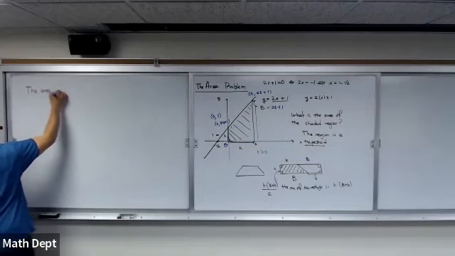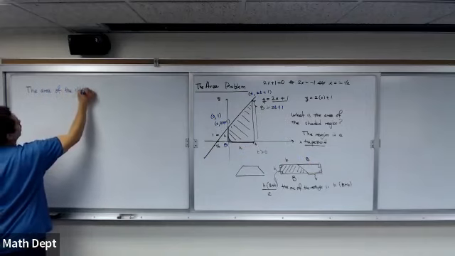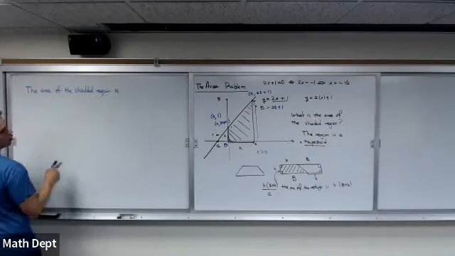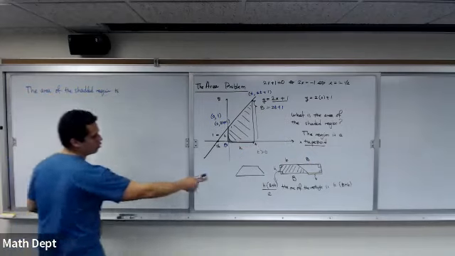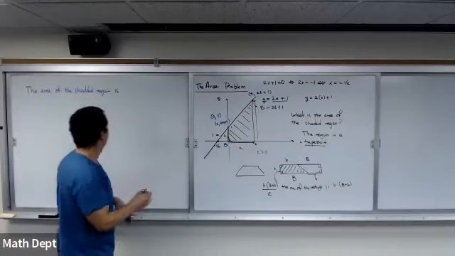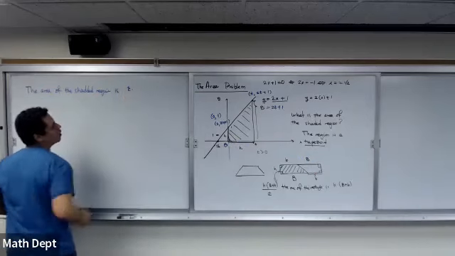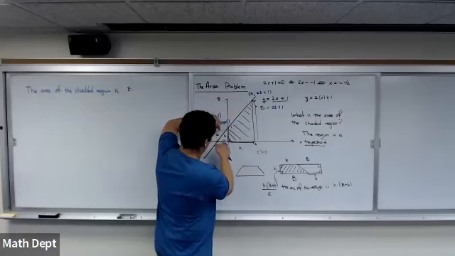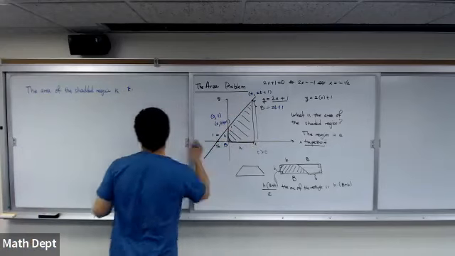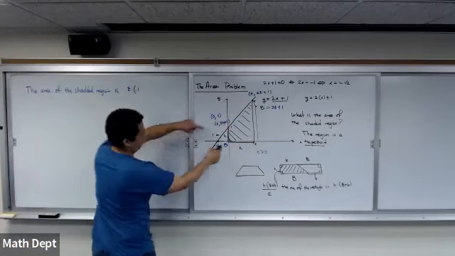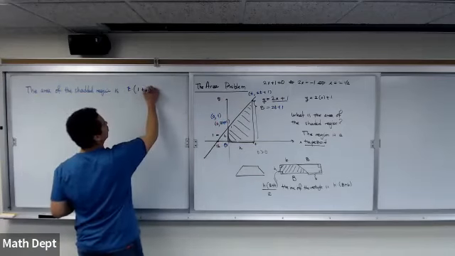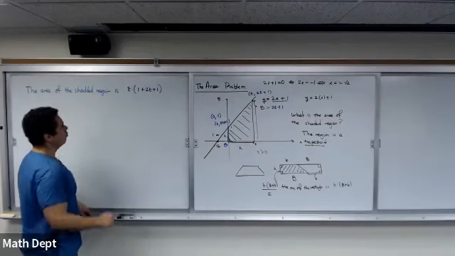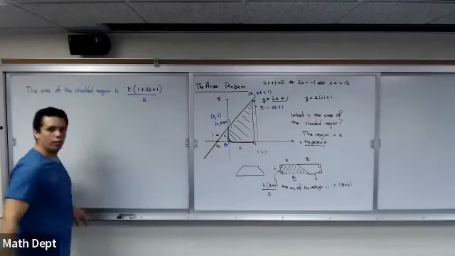The area of the shaded region is, we're going to express it, well, H, but H is t times the sum of these two, 1 plus 2t plus 1, divided by 2.